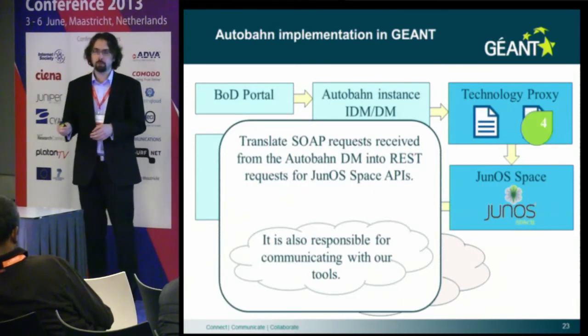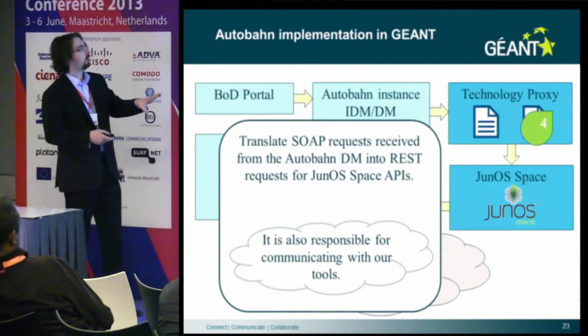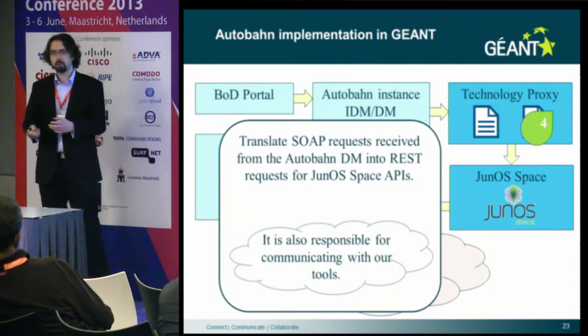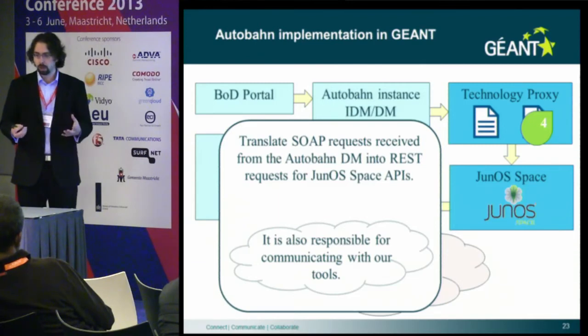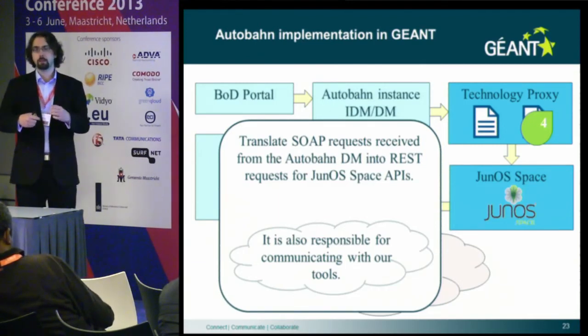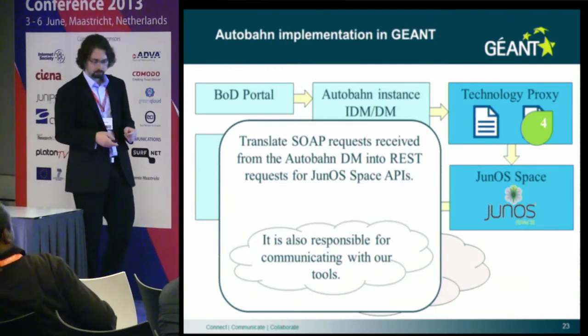And this technology proxy is something that has been developed in Dante, and I simplified this first diagram a bit. In the next slide you will see how the technology proxy is actually interacting with all the tools that we have in Gent, and the way it is really integrated and trying to automate as much as possible those kinds of requests.